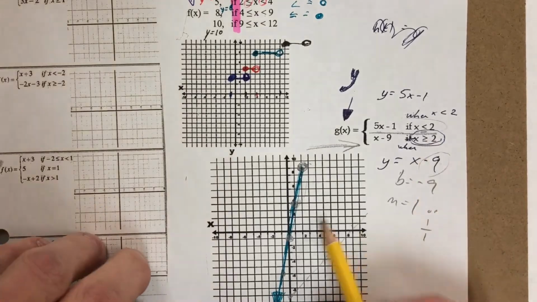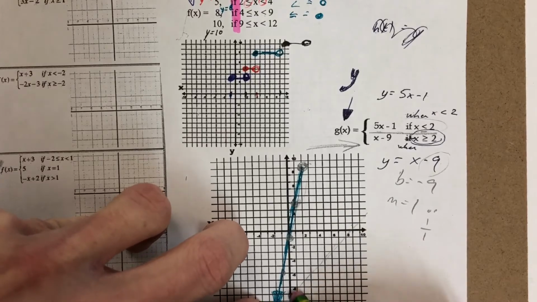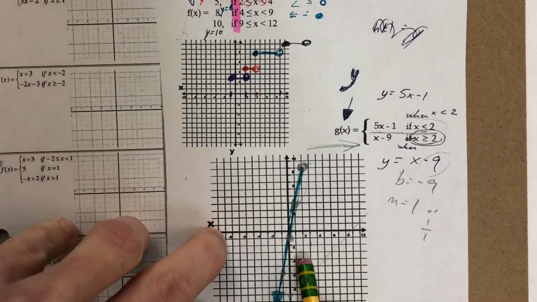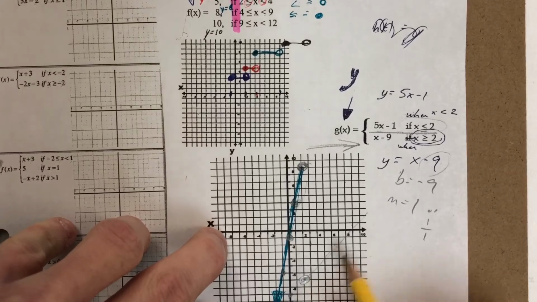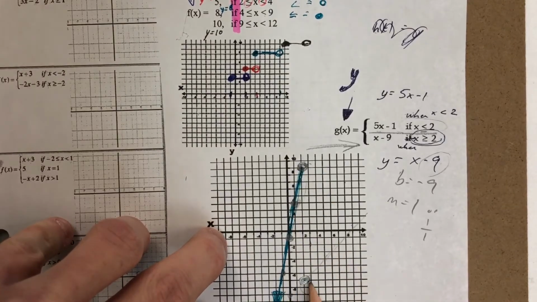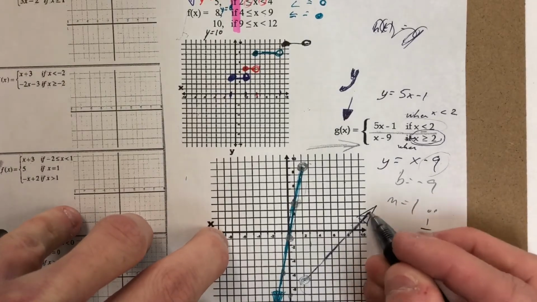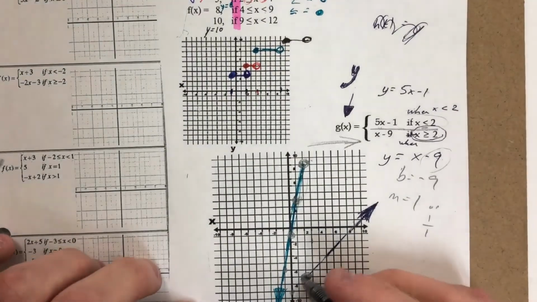But this is only true at 2, so we have a closed circle. So we can just go ahead and get rid of this because we know we don't have anything that way of 2. But we do have something at 2. We have a point there. So a closed point here, our open point's up there, and it makes sense because our closed point's here. And this one's going to go on forever this way. So that is exactly how that one should look.